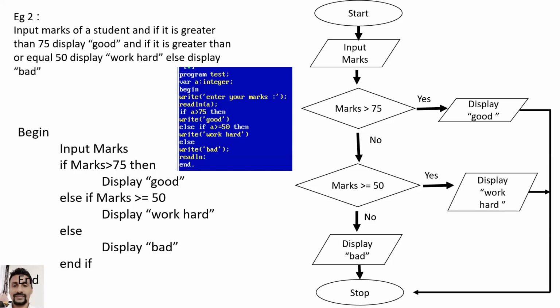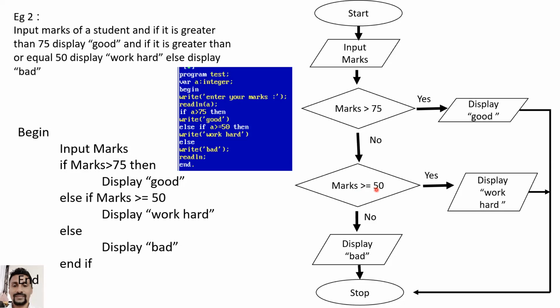Now look at the flowchart. Here you are taking input marks, then marks greater than 75. If it is yes, you are going to display good. If it is no, it is coming down and checking again whether it's greater than or equal to 50. I have given greater than or equal in my condition, because of that you have to check whether it's greater than or equal to 50.